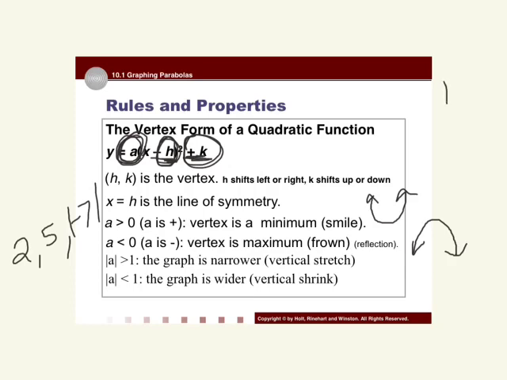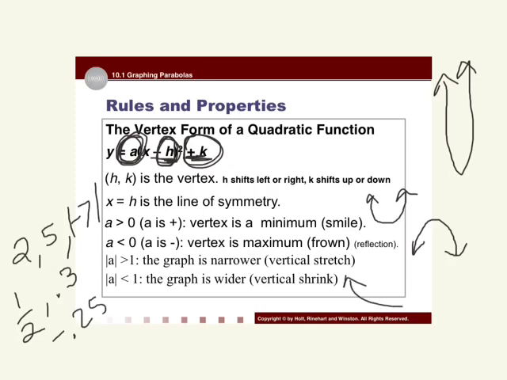It's going to be a vertical stretch, really skinny. But if the absolute value of a is less than 1, like 1/2 or 0.3 or negative 0.25, then it's going to make the graph wider than the parent graph. All right?